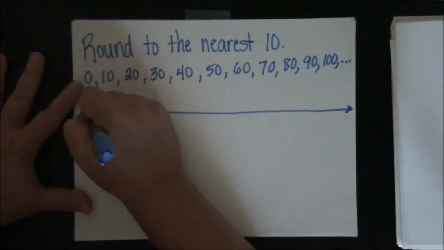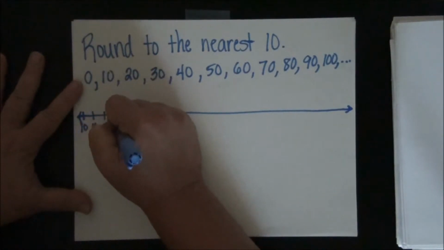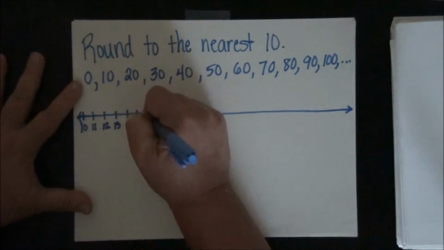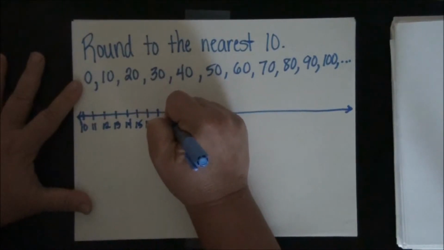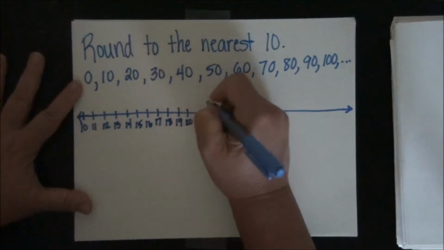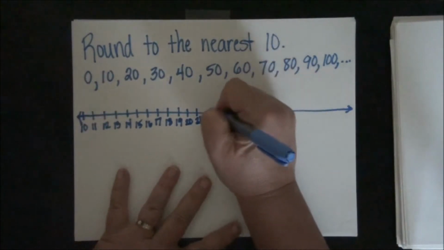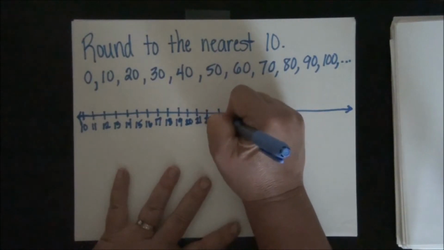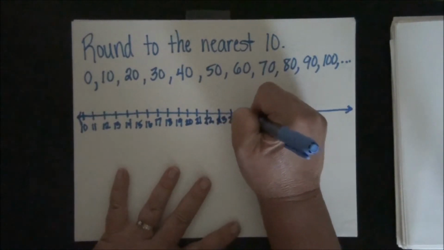So we have 10, 11, 12, 13, 14, 15, 16, 17, 18, 19, 20, 21, 22, 23, 24, 25.